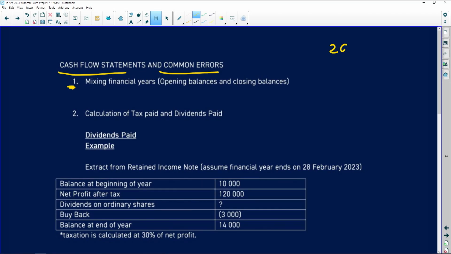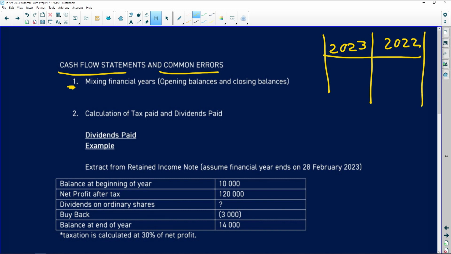So obviously in your information booklet, when you are doing a question on cash flow statements, you're generally given the current financial year as well as the previous financial year. You know what I'm talking about. Okay, so especially when it comes to your statement of financial position, your balance sheet, because you are comparing, you've got to have 2023, the current year, as well as the previous year, 2022.